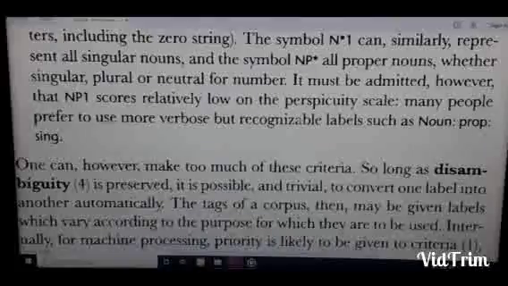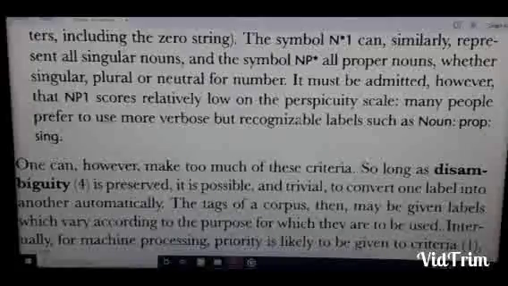The symbol N star 1 can similarly represent all singular nouns, and the symbol NP star all pronouns, whether singular, plural or neutral for number. It must be admitted, however, that NP1 scores relatively low on the perspicuity level.